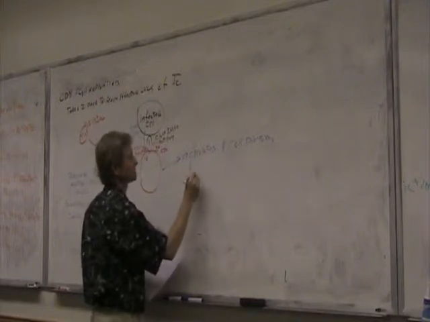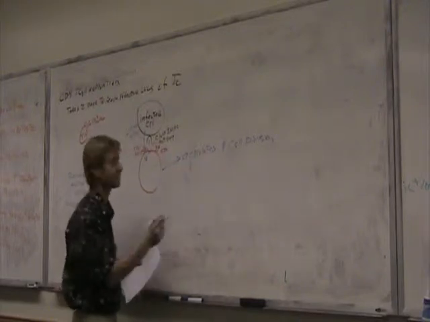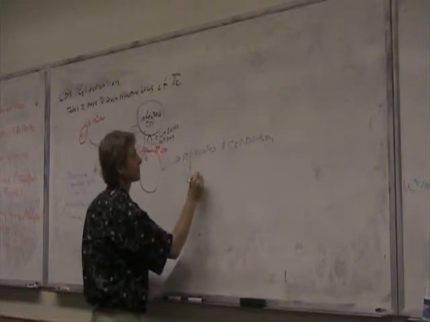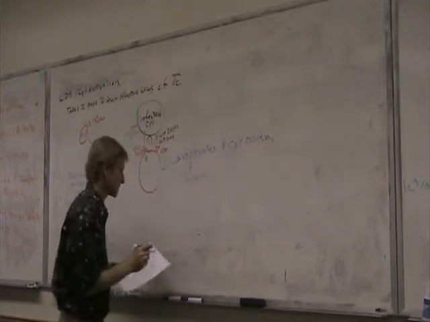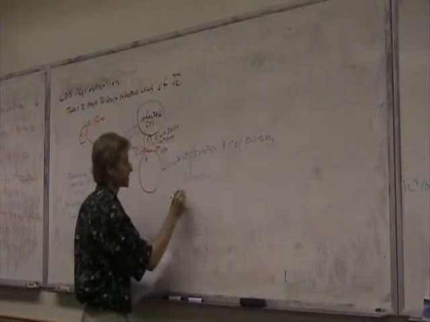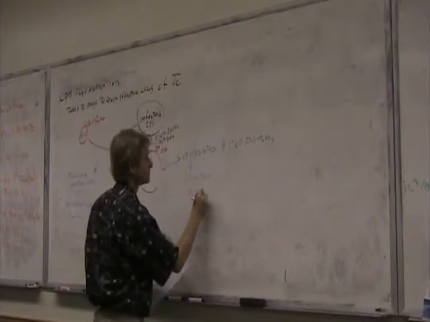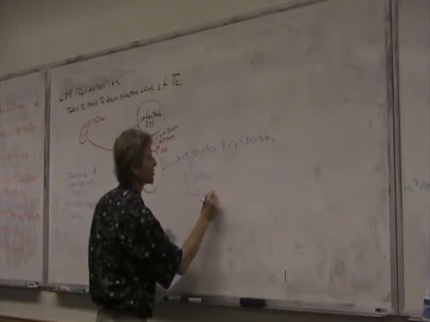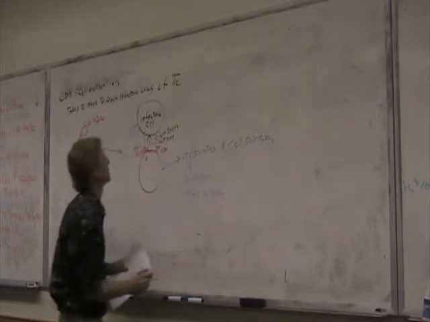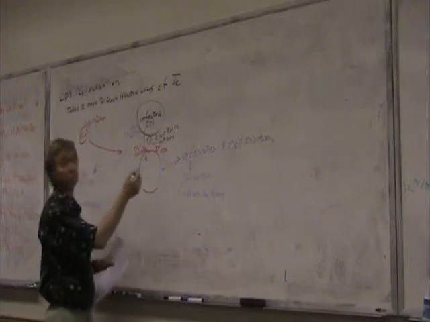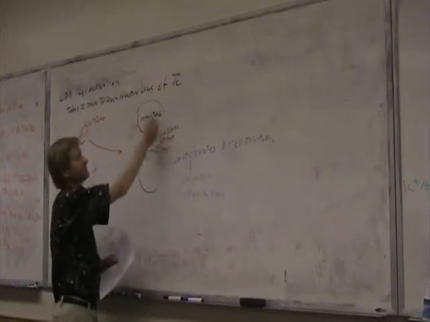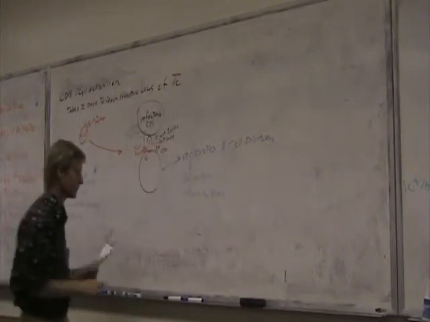Cytotoxic cell. Active cytotoxic cell. So it finds an antigen, and it binds to it. The first thing it's going to do when it gets activated is probably take care of that guy.